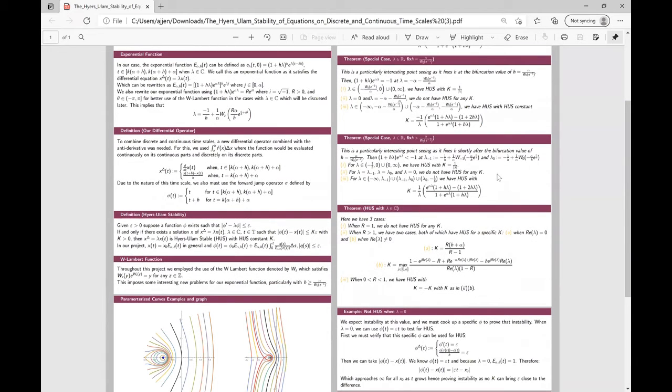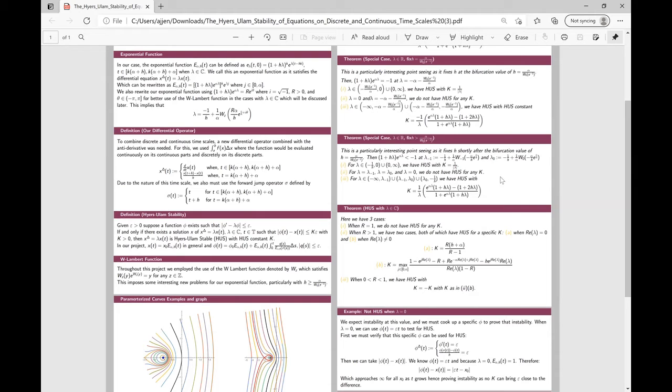Here we again must say that we found that our exponential function would be less than -1, which is the new information we would be gaining, at lambda sub -1, which is equal to -1 over h plus 1 over alpha times the W Lambert function at that value that we have lambda at, of negative alpha over h times e to the alpha over h.